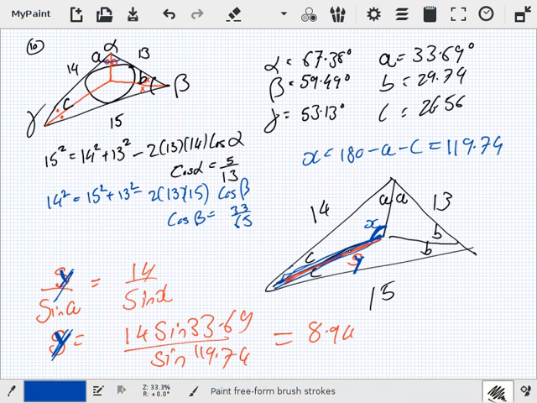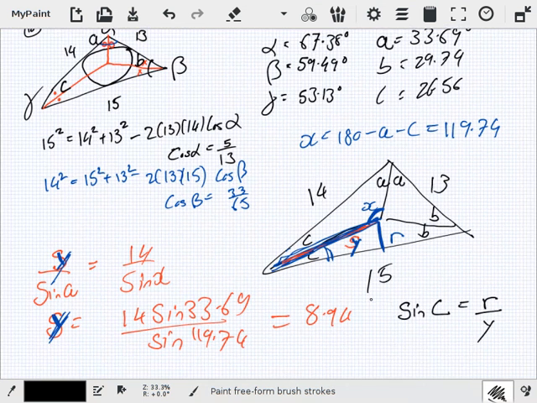Yeah, now we know this side, and we know this angle, and I can finally get this height. I'll call it OR. So, sine C equals OR over Y. Yeah? This side here is Y. That's how you get opposite over hypotenuse.